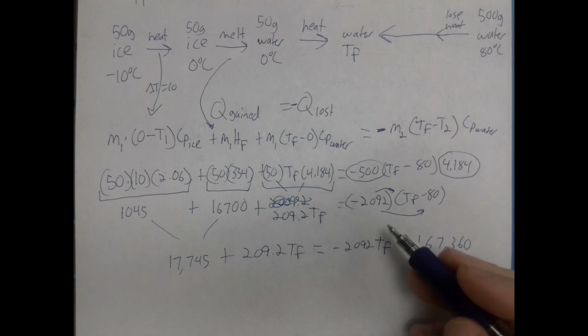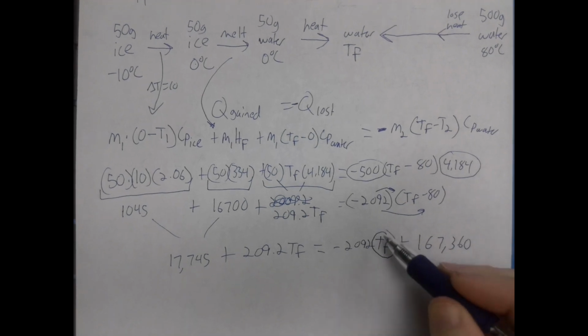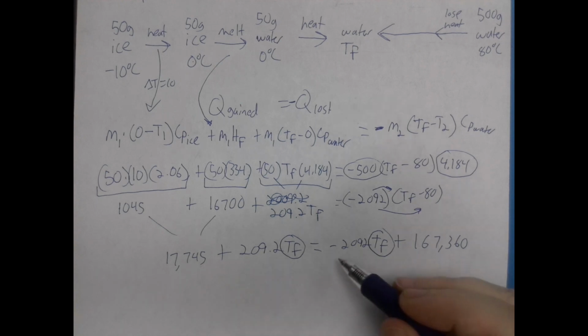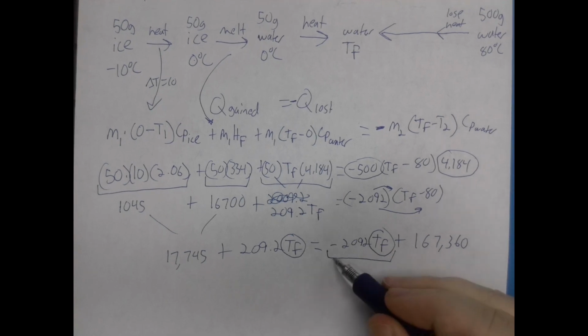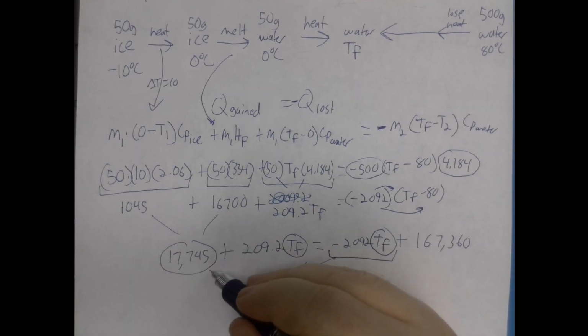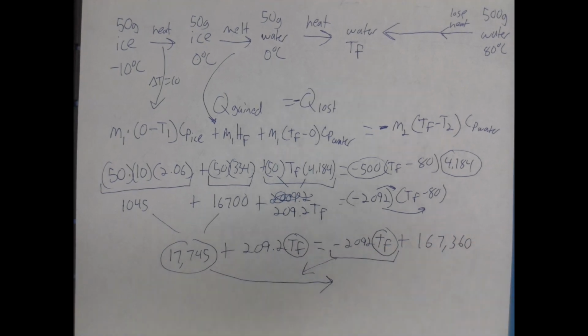Again, I need to move all terms containing Tf to one side and all other terms to the other. So I need to move this over here, and I need to move this over here.